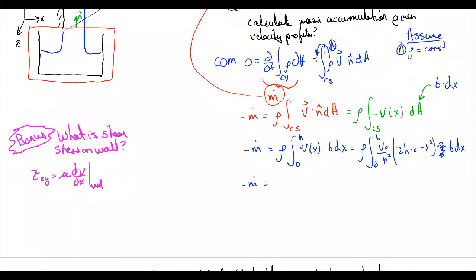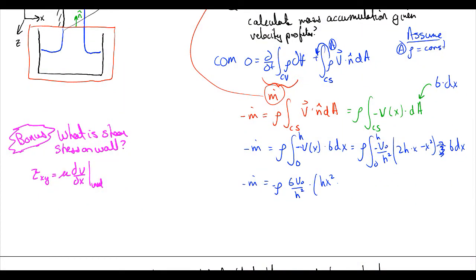Negative rho times v naught over h squared times (h x squared minus 1/3 x cubed) evaluated from 0 to h, which if we plug in 0, we don't even have to worry about it. So we find out these negative signs cancel each other. Our m dot is equal to, if we simplify it a bit, 2/3 rho.